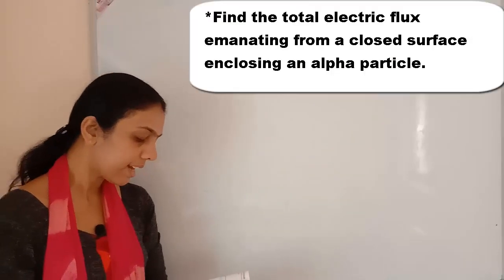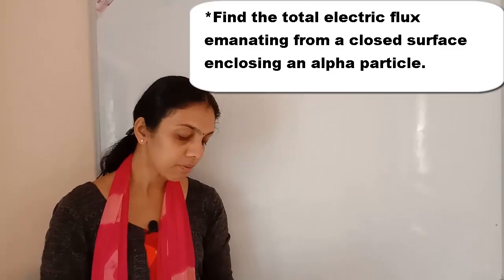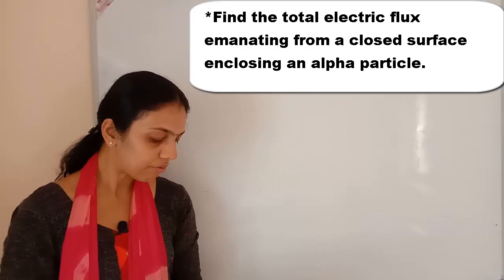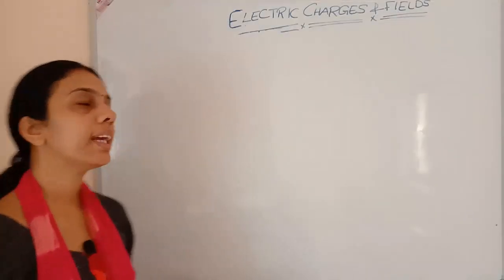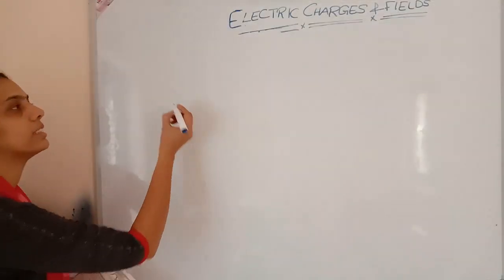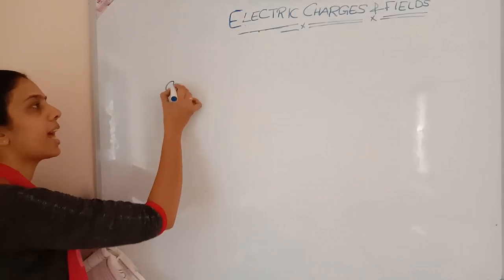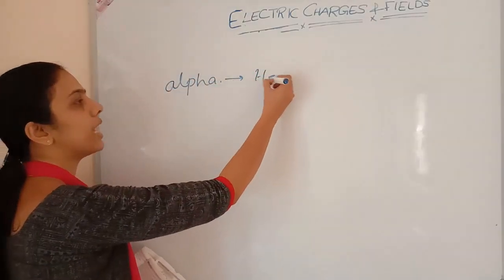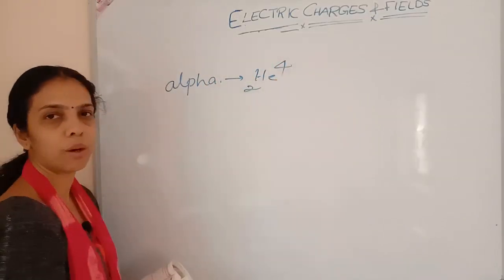Find the total electric flux emanating from a closed surface enclosing an alpha particle. Alpha particle means we know it is He 2 4.